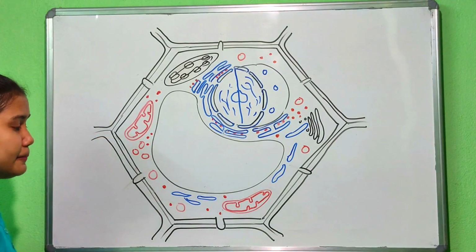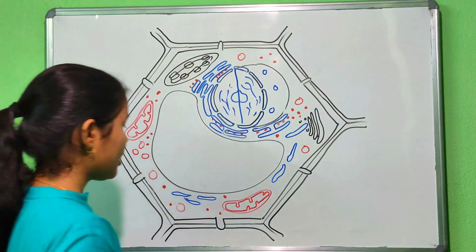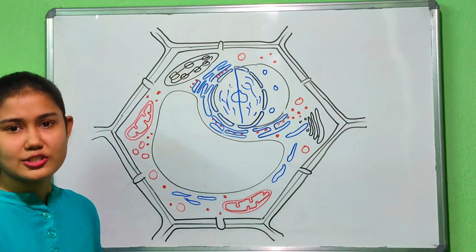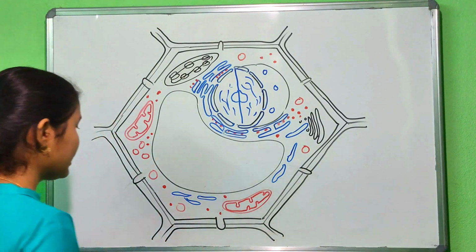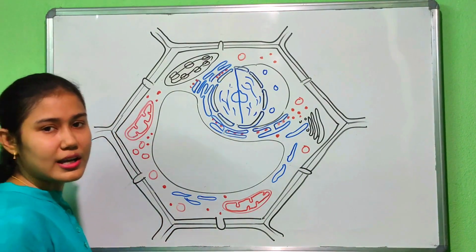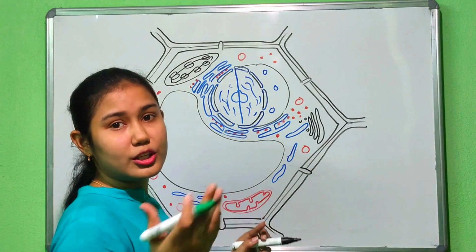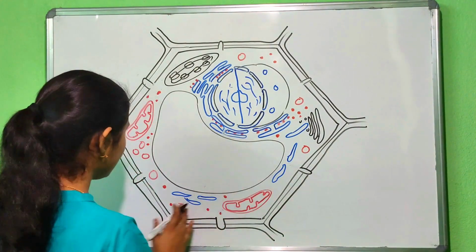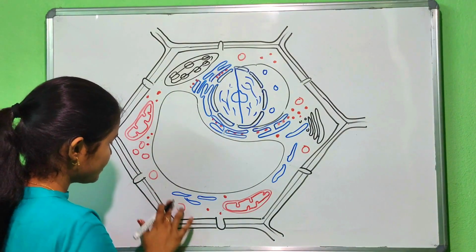Clear? Now, let's draw the microtubules and the microfilaments, which are the last structures we have to draw. Microtubules, as the name suggests, are small tubular structures. Let's free up some space here.